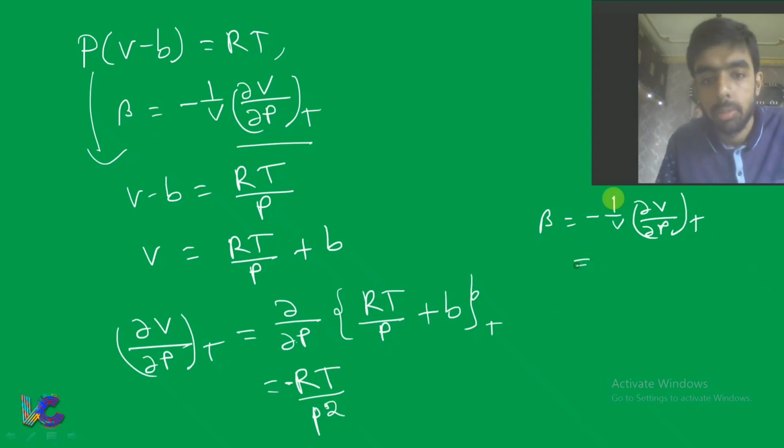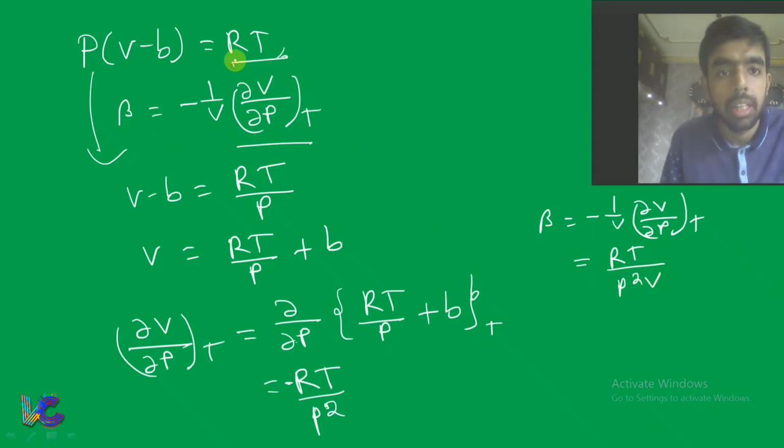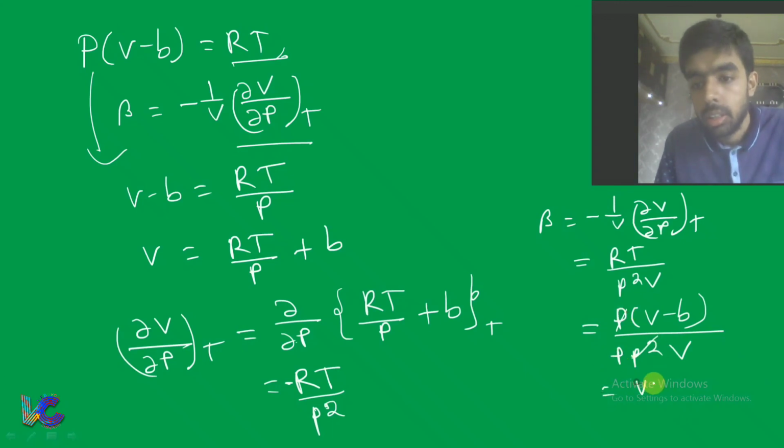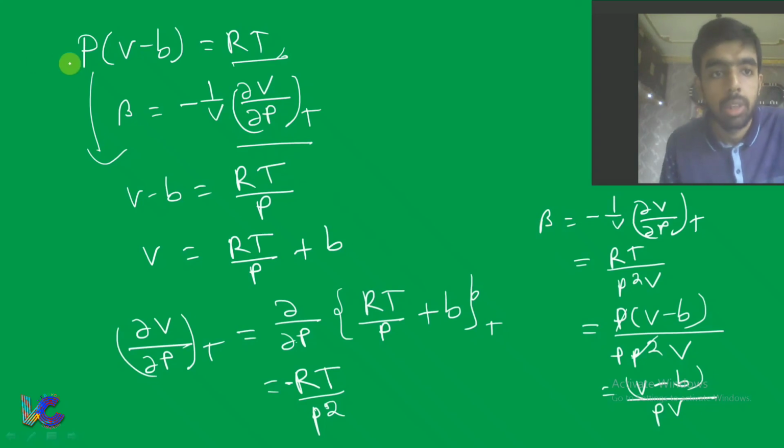Minus and minus will be plus, so there will be RT by P square V. Instead of RT you can put P into (V minus B), so P into (V minus B) by P square V. That means P will cancel out and this will be (V minus B) by PV. So the beta value for this gas, P into (V minus B) equal to RT, will be (V minus B) by PV. So this is the value of alpha and beta.